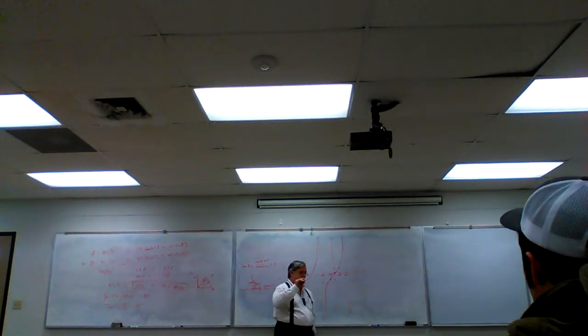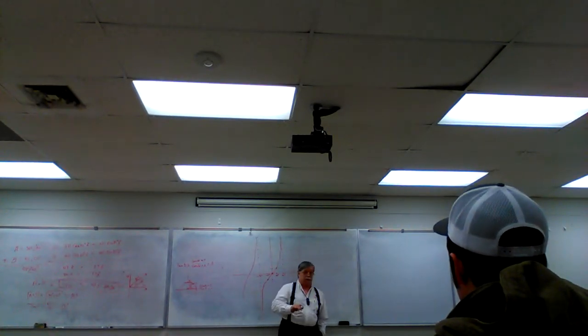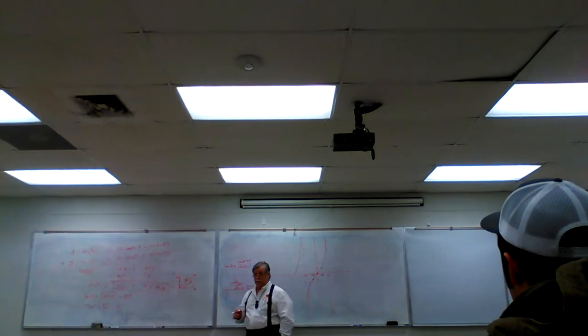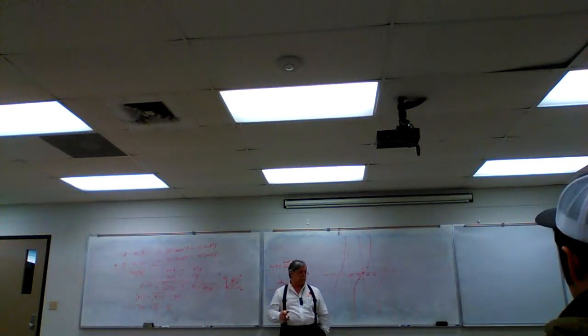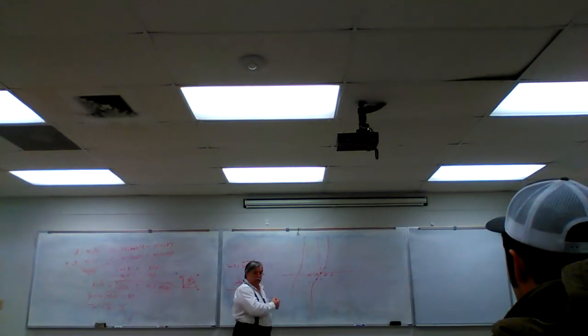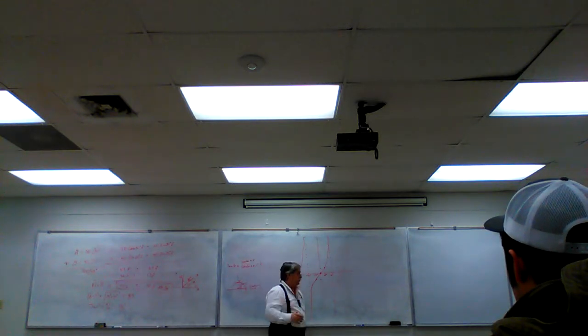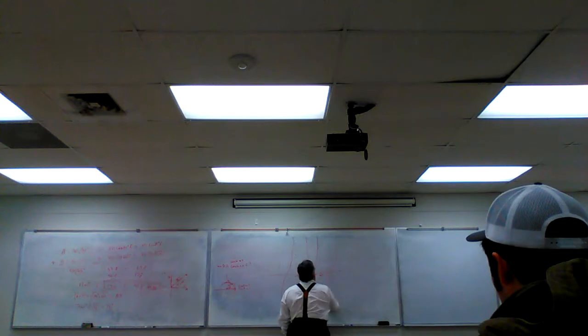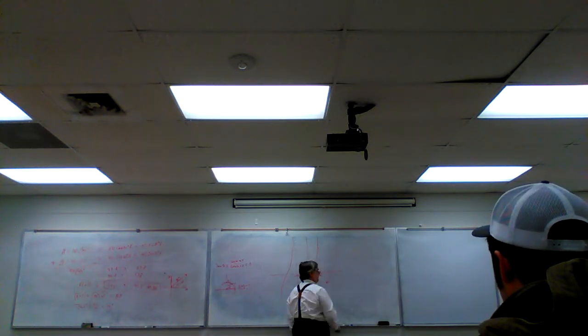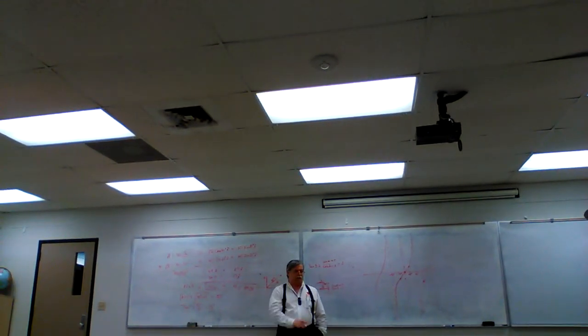So, now we're going to go back and revisit a little bit of algebra. What's the definition of a function? Tangent is definitely a function. That means that for every value of x you put in, it will give you one and only one value of y. Pick an x, any x, it will give you one and only one value of y.